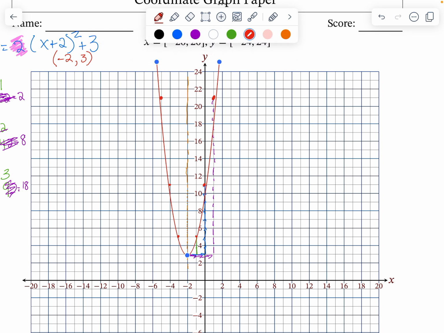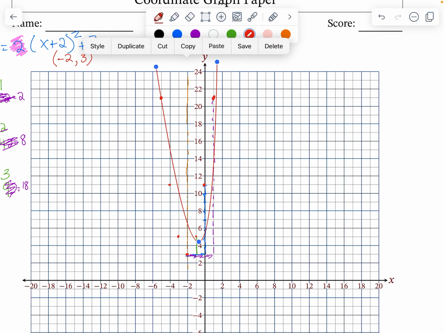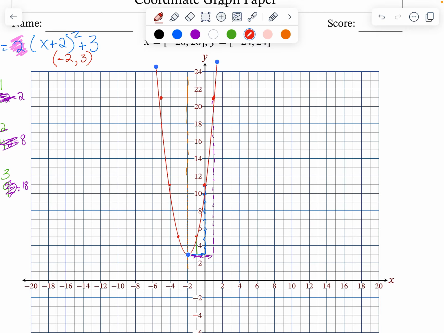Oh my gosh, what a pain in the butt. Okay, that's as close as it's going to get. There you go.